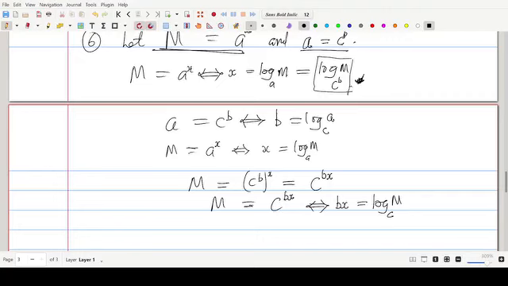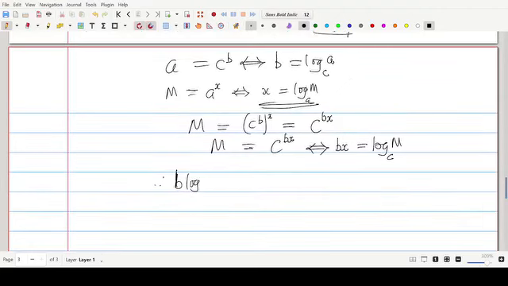You see that my x is already obtained. What is the equivalent form of it? It is over here. Can you see that? So in place of x, I'll put that expression. That means I'll be having b multiplied by log to the base a of m.